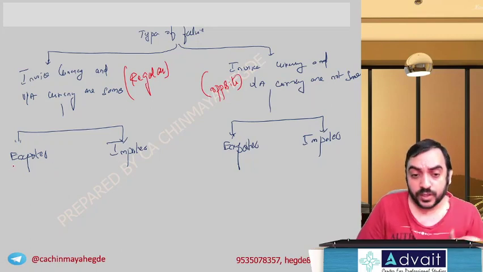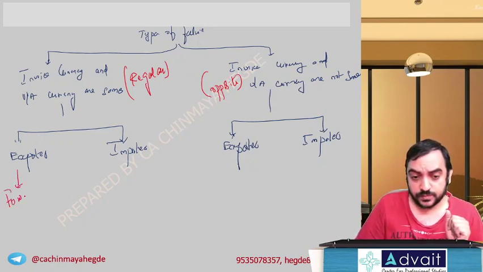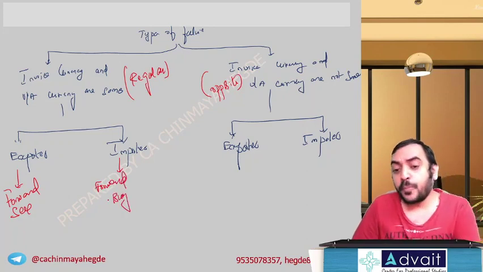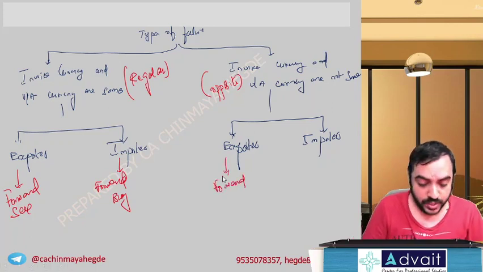Okay. Now exporter, what he would do normally, he will enter into forward sell. An importer would do normally forward buy. When it is opposite, what should the exporter do? Reverse. I'm sorry, not forward, future.